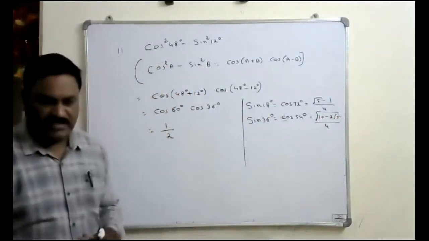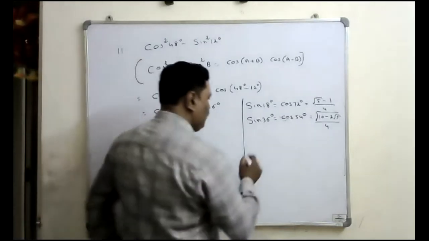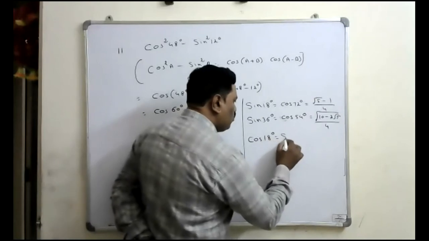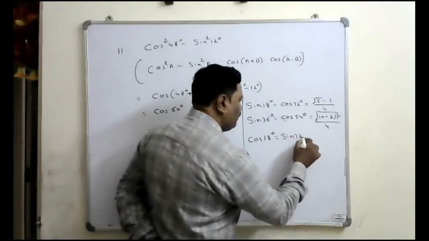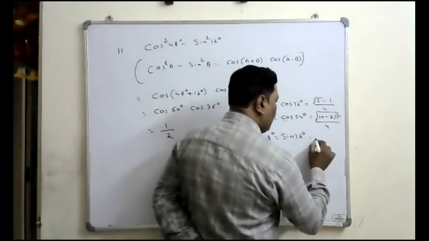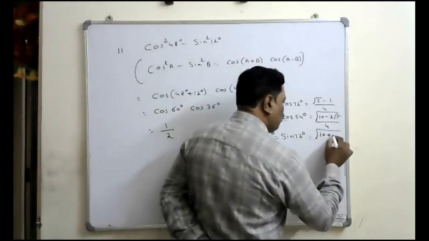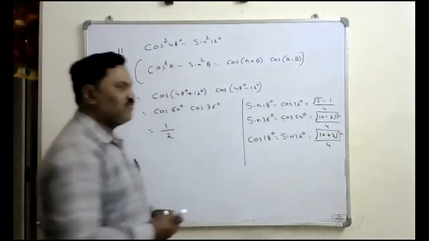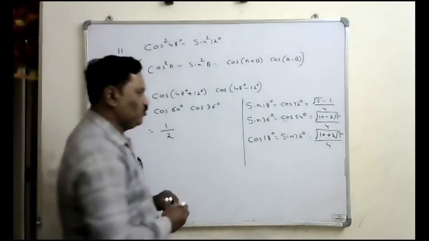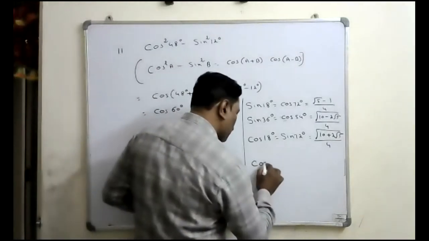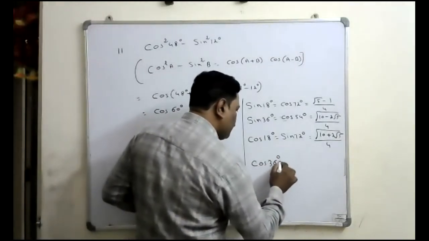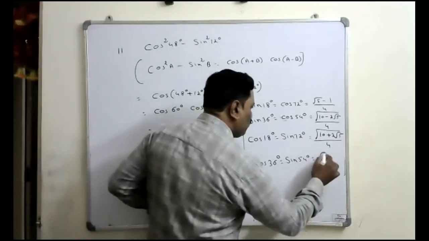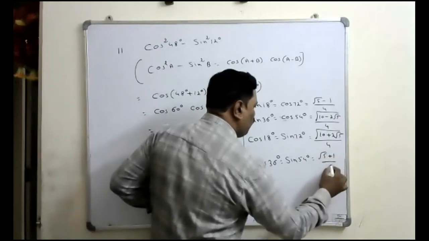Similarly, cos 18 degree is also equivalent to sine 72 degree, which is root over 10 plus 2 root 5 by 4. Similarly, cos 36 degree is also equivalent to sine 54 degree, which is root 5 plus 1 by 4.